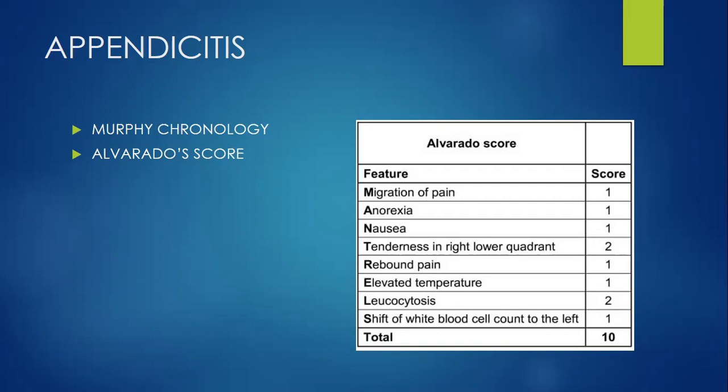I'm not that into the surgical specialties. However, I did like reading Schwartz's Surgery, and it said that if there was no anorexia in our patient, it wouldn't be likely to be appendicitis. So there has to be migration of pain, anorexia, nausea, tenderness in the right lower quadrant, rebound pain.